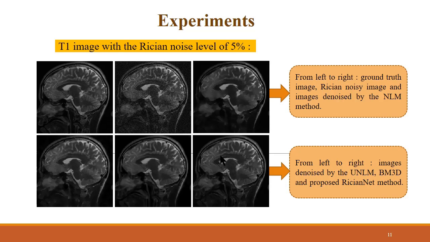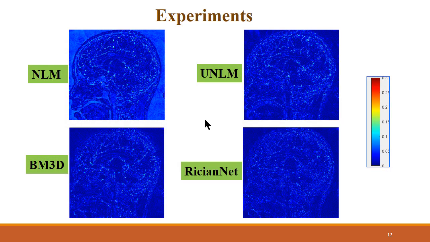We can clearly see that more structures are preserved after denoising compared to the other 3 methods. Here are the difference images for the different methods. We can see many feature and detail losses in other methods are alleviated in our proposed method.